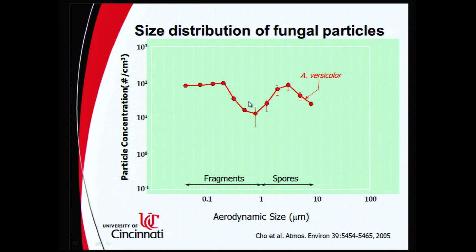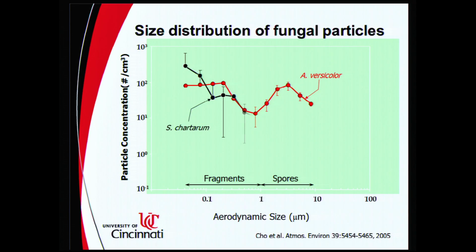But then surprisingly we also saw a lot of smaller particles in the less than 1 micrometer size range. It was confirmed by microscopic analysis that these were not intact spores. And we did some immunoassay with fungal-specific antibodies to show that at least some of these particles were of fungal origin. So this is Aspergillus versicolor.